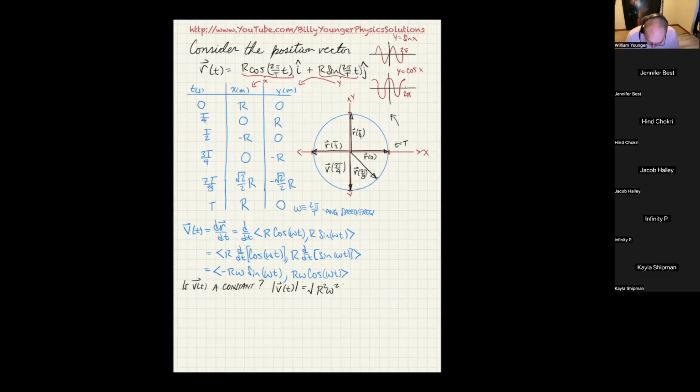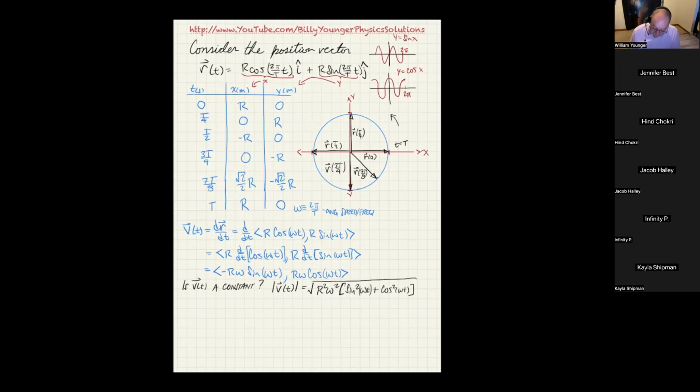And then what I have left is the negative of sine omega t, but that will be squared, and negative sine omega t times negative sine omega t is positive sine squared omega t. And similarly, cosine squared omega t becomes cosine squared omega t, and I'll make this a square bracket to make some sense of it.